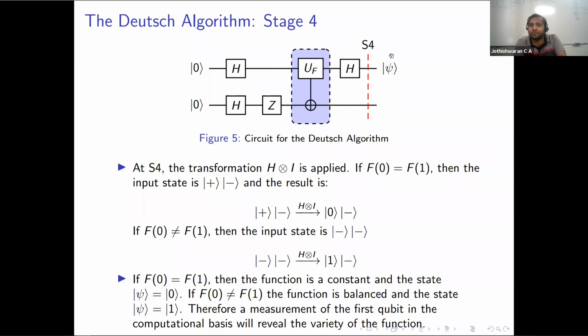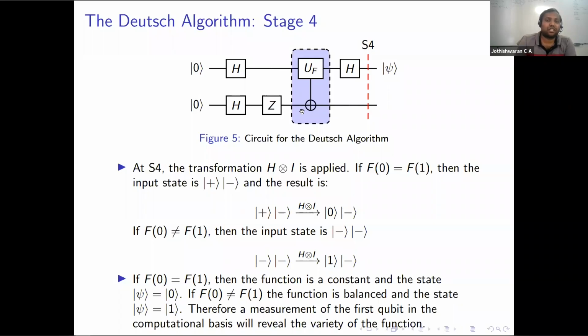So now by simply measuring this qubit with respect to the computational basis only once, I can tell whether my function is constant or balanced. When I get the outcome 0, my function is constant, where the oracle represents a constant function. When I get 1, the oracle represents a balanced function.